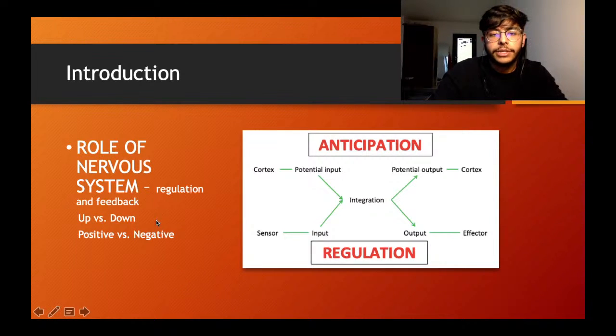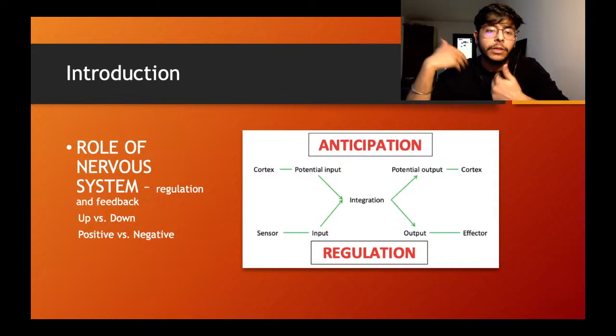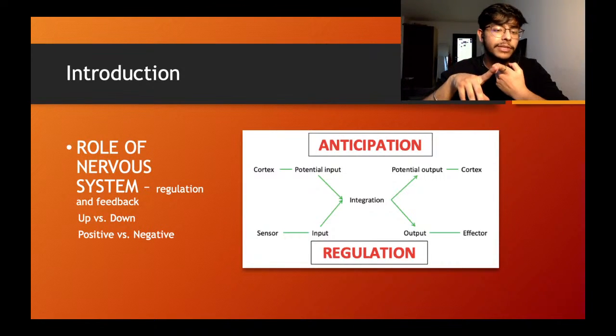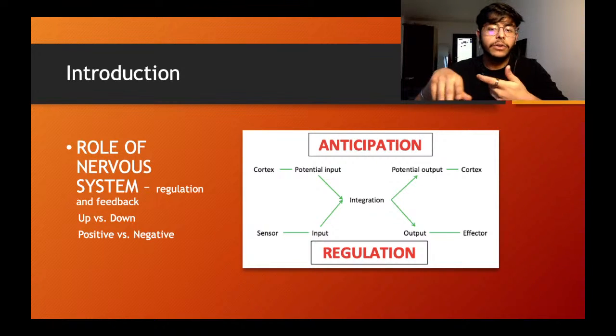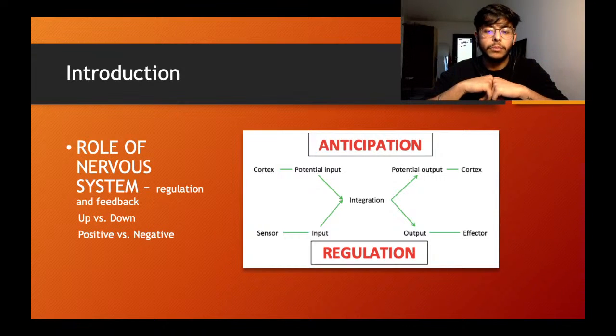Up and down regulation is mainly on the molecular level, where up regulation is increasing the frequency or the intensity of a stimulus, or the response, which is a certain receptor in the body. So that means increasing the number of receptors or increasing the frequency of the stimuli, etc. Down regulation is exactly the opposite, which is taking down the numbers.